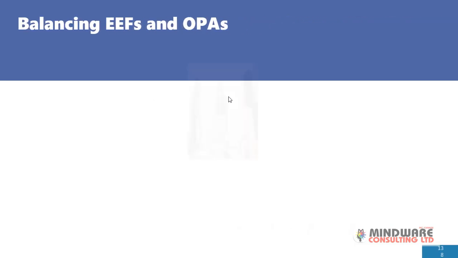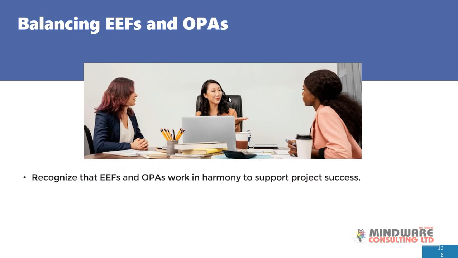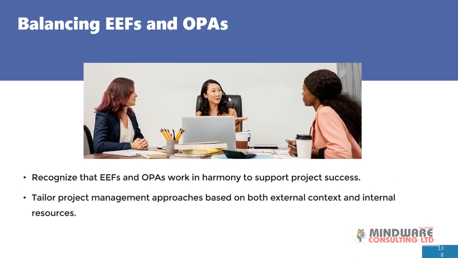So let's see how we can balance enterprise environmental factors and organizational process assets. Now recognize that EEFs and OPAs work in harmony to support project success. You have to understand that. And then tailor your project management approaches based on both external context and internal resources. So this is very important.